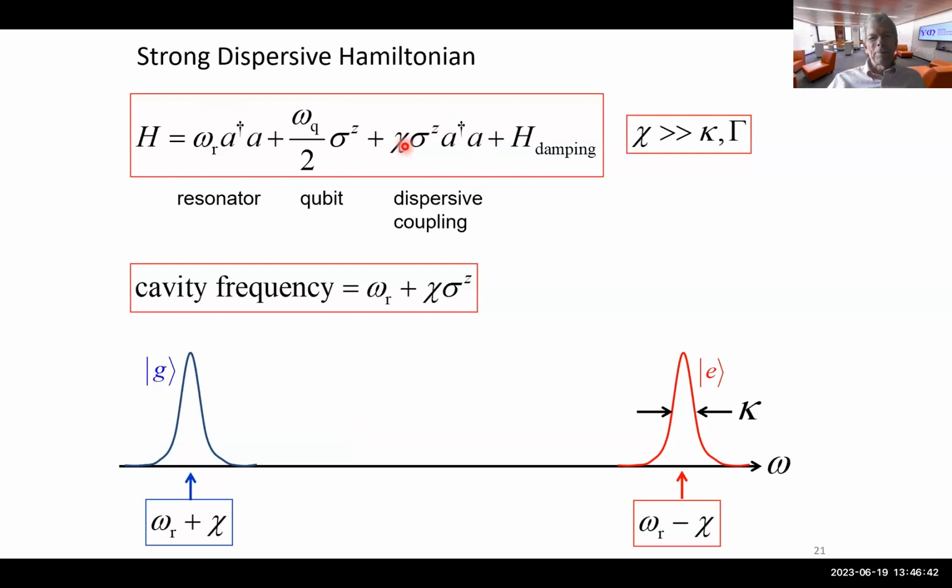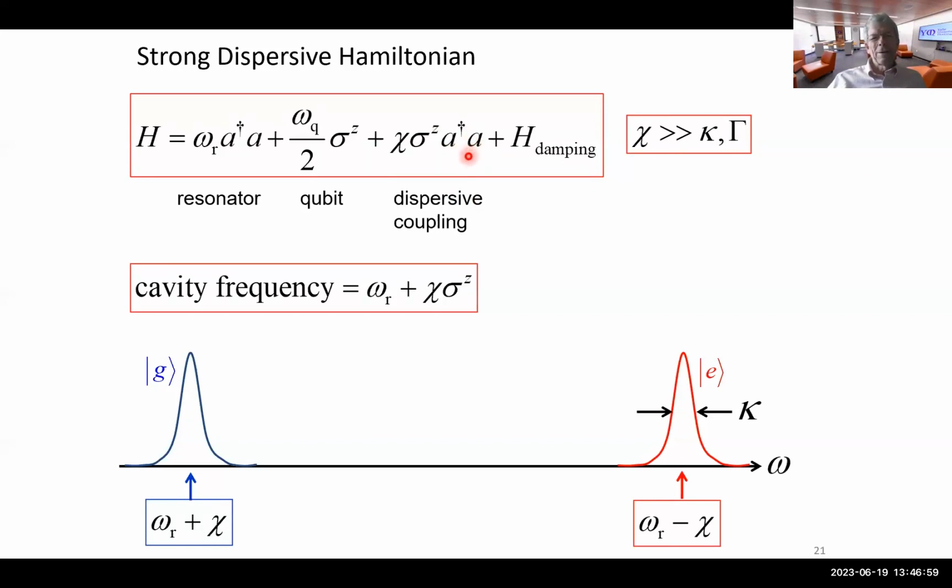So let's interpret what this term does. It's much stronger than the damping of the cavity and the decay of the qubit. And so that's why it's called strong dispersive, as I just said.